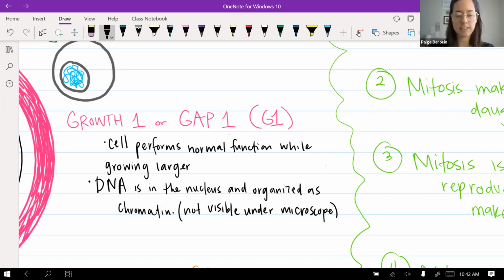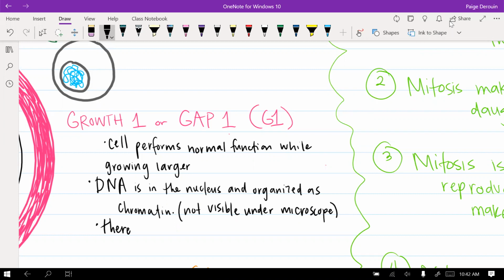And then if the DNA did organize into chromosomes here, how many chromosomes would it have for a human? You guys remember? The 23 or like 46, right? Yeah, it's 23 pairs, so 46. You were right in both ways.